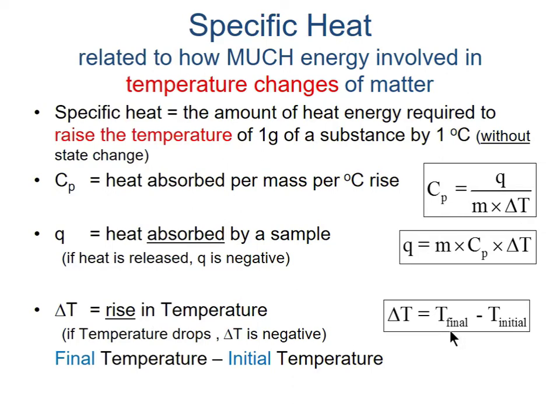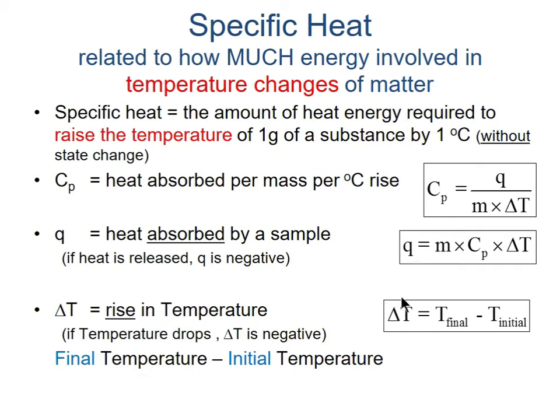The best way to calculate delta T is to always say the final temperature minus the initial temperature, and then the sign will be revealed in what it happens to work out. And so you don't have to be as worried about, did I get the sign right? If you always do this final temperature minus the initial temperature to calculate delta T, you'll be fine.